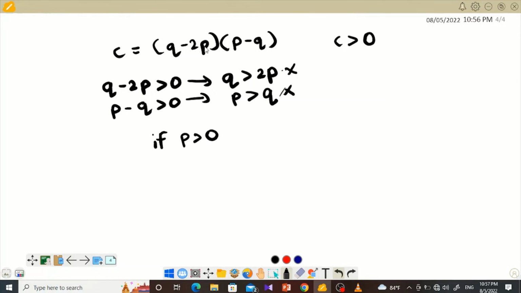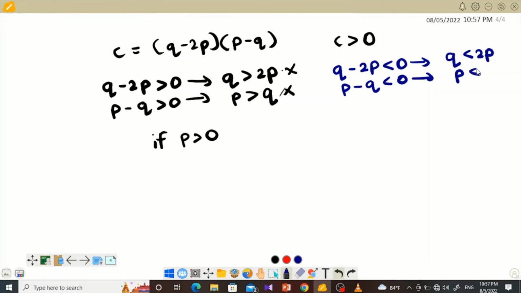So I am considering these two numbers as negative. I write in another color. Then q minus 2p smaller than 0, which implies q smaller than 2p, and p minus q smaller than 0, which implies p smaller than q.